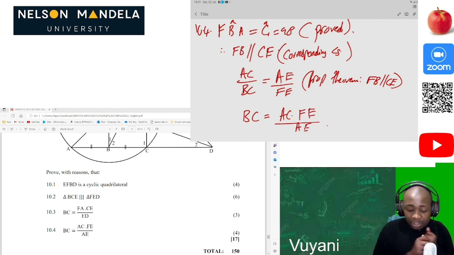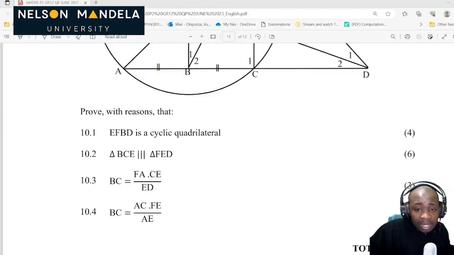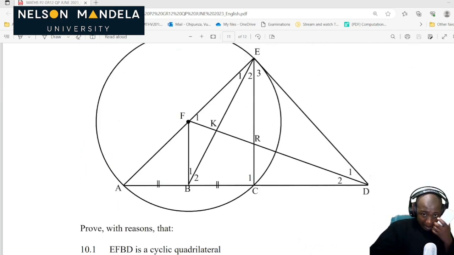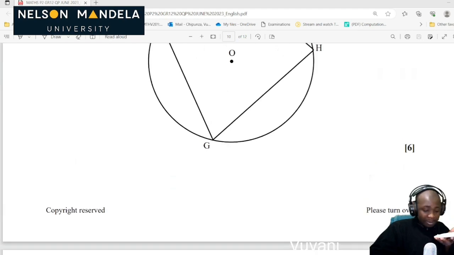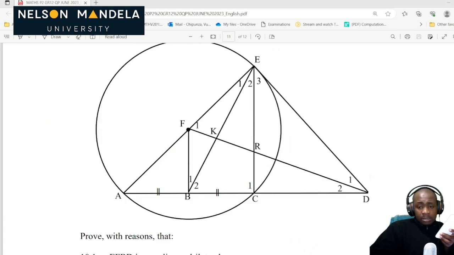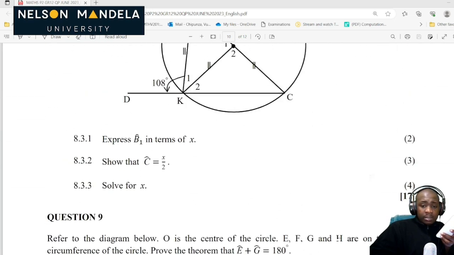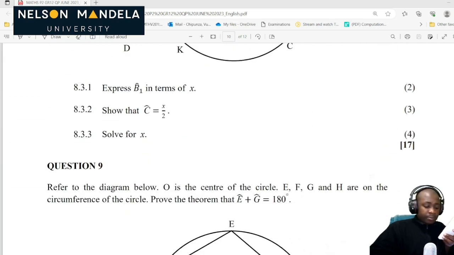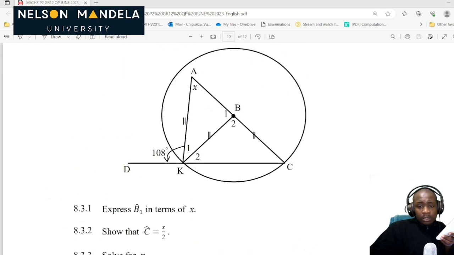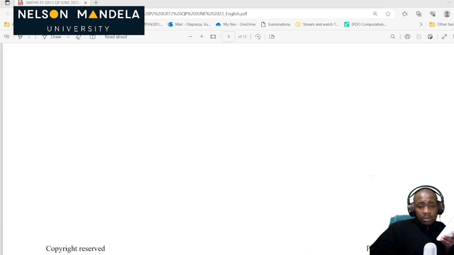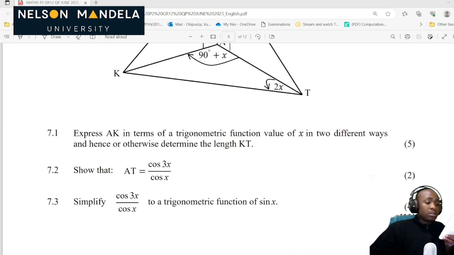So this is our Euclidean geometry. So let's calculate the total marks for Euclidean geometry in this question. It was 17 plus 6 plus 17, yes, so this one was 40.